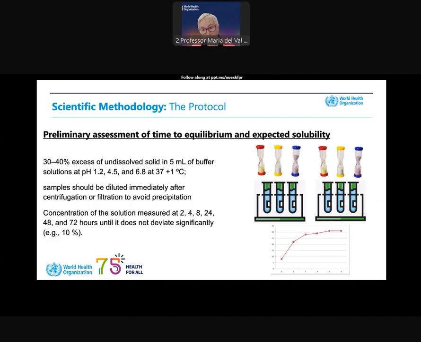The solubility determination is made in phases, in steps. There is a preliminary assessment in order to know the time we need to reach the equilibrium. So for these preliminary experiments, ideally we use 30 to 40% excess of undissolved solid.